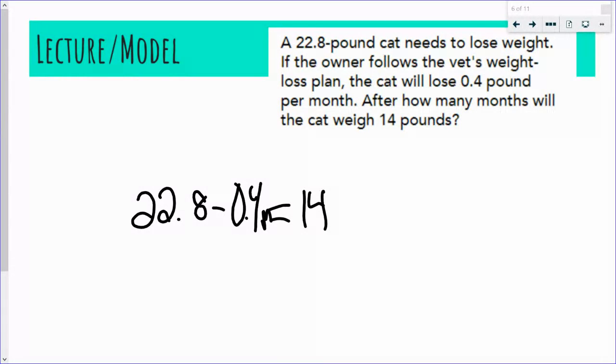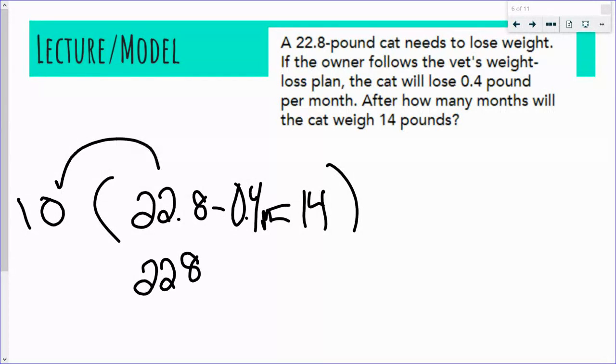Now, since I have two different numbers with a decimal, if I multiply this entire equation by 10, it is going to get rid of those decimals. 10 times 22 and 8/10 would be 228. 10 times 0.4 would be 4.